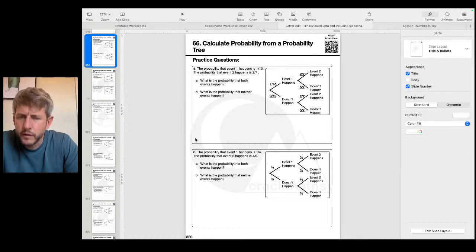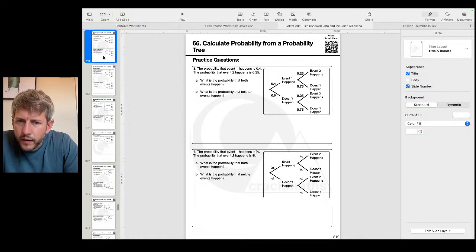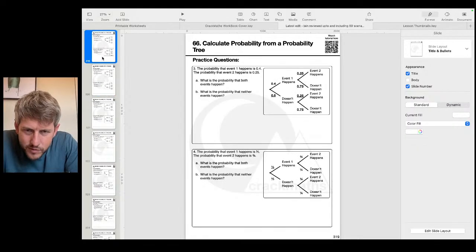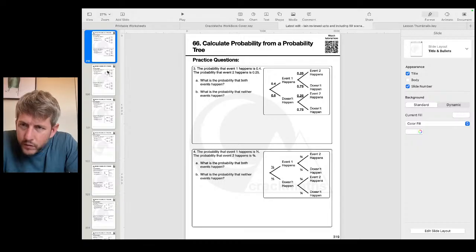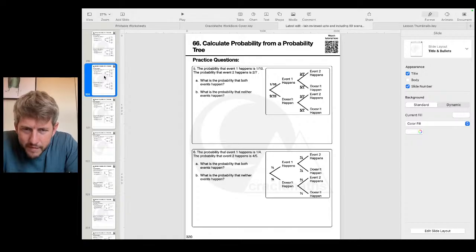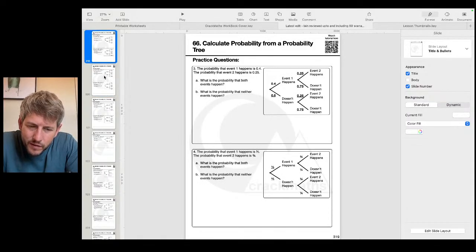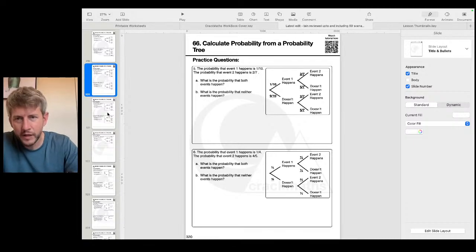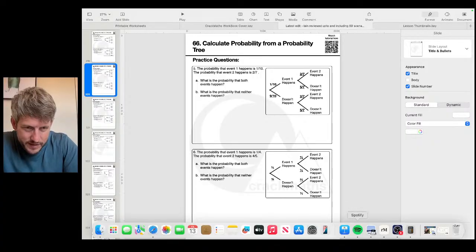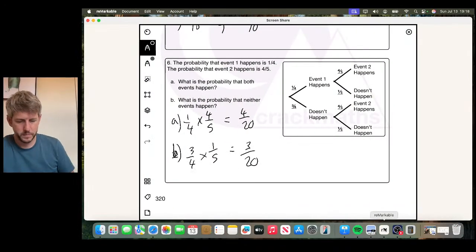Here we go. 1 second. That's it there. Oh no, it's not exactly the same. It has changed the way round it is. It's just the fractions are the same. So yeah, that's fine. I'm fine with that. The skill is the same. I know that the numbers are the same, but it's all about practicing the skill, and the questions are different, so there's no need to shake things up with that. Okay.